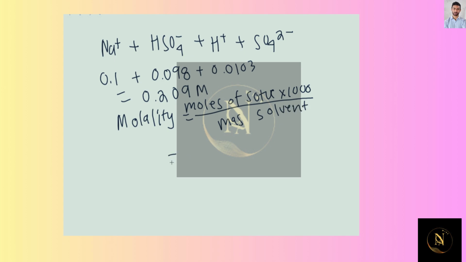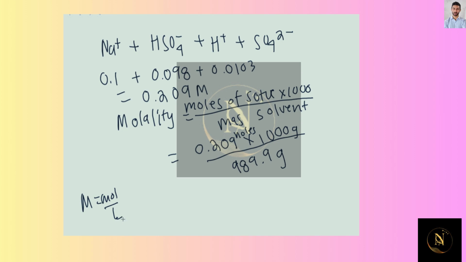To find our molality, we already know what our moles is, and that's what we just found above: 0.209 times 1,000 grams to convert to kilograms, over the solution mass that we found in the very beginning, 98.9 grams. We got the 0.209 molar solution to moles by saying that molarity times liters equals moles, and we know that we had 1 liter.